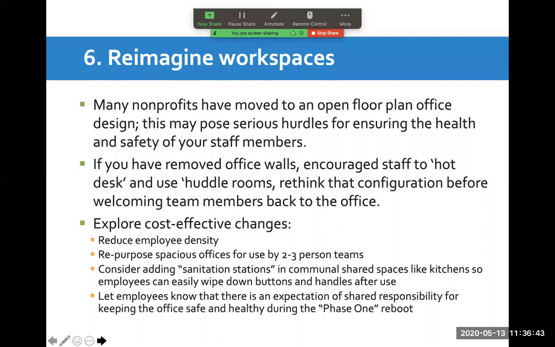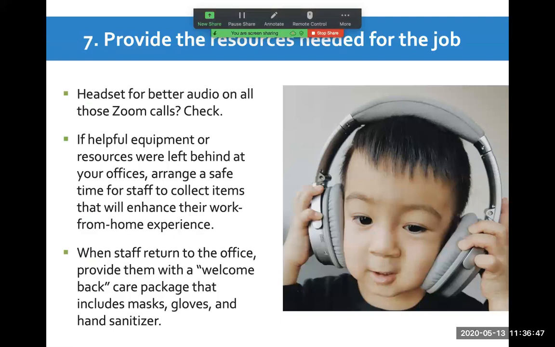Number 7 is provide resources needed for the job. In some cases, employees are more comfortable using a headset. It leads to better call quality, voice quality, and sound quality. And if your staff who are working remotely need that, or they need that now that you're in a different configuration, you really have to find a way to provide that.